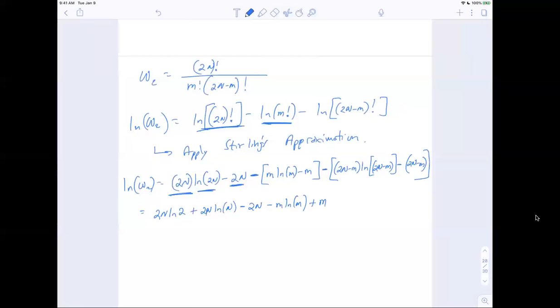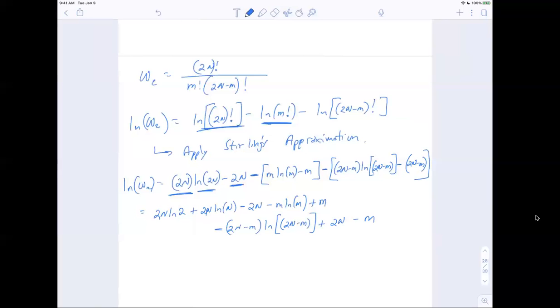And then the last bracket has a term which is minus 2n minus m natural log of 2n minus m. And then that last part is going to be a plus 2n minus m. All right, I think that's about right.